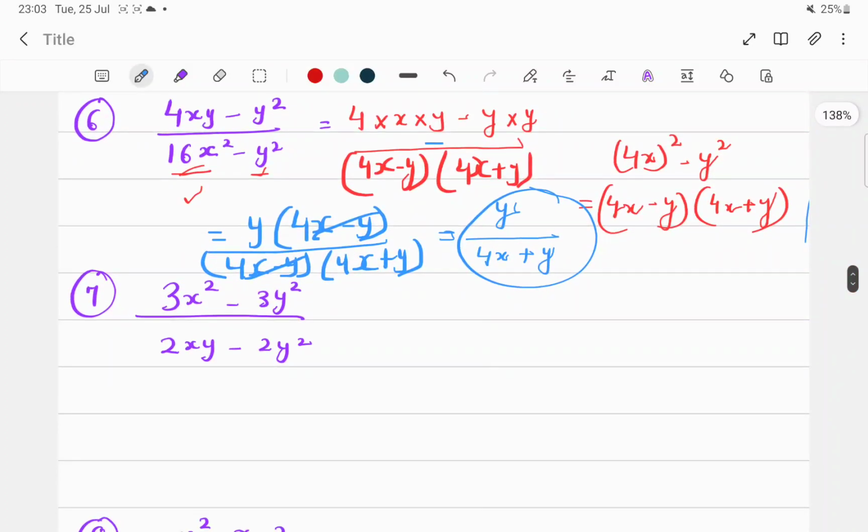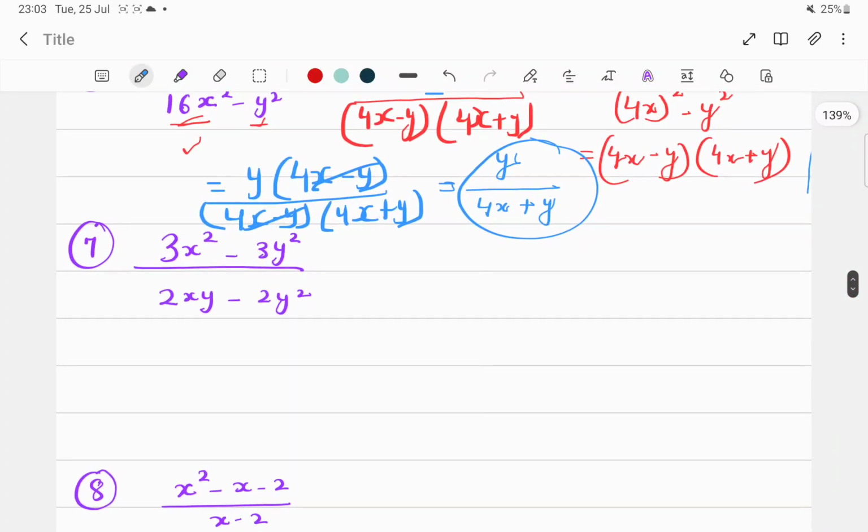Now the last question is here. No, second last question. Same thing, I can take 3 common here. So I will be getting x squared minus y squared, and in the denominator I can take 2y common, so it will be x minus y. Now you can think like this is the difference of the square of two numbers, but if you see, 3 cannot be written as a square of a normal number, whole number. So better to take 3 as a common because it is present in both the terms.